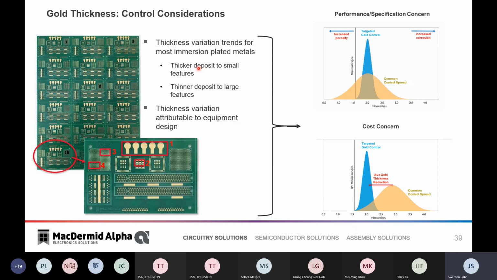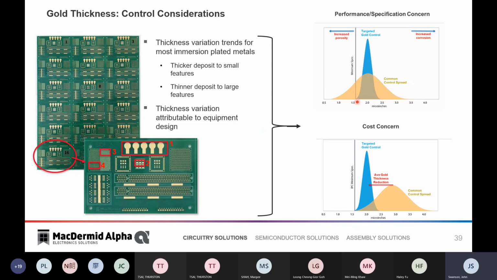And it's common to have thicker deposits on small features. For example, this BGA has these small features. It's common to see thicker deposits from immersion systems on the small features and thinner deposits on the large features. This can play a role in a customer or a board fabricator meeting specifications.